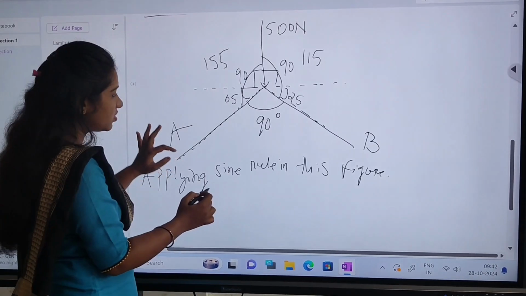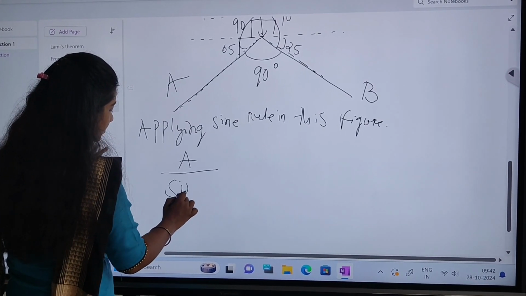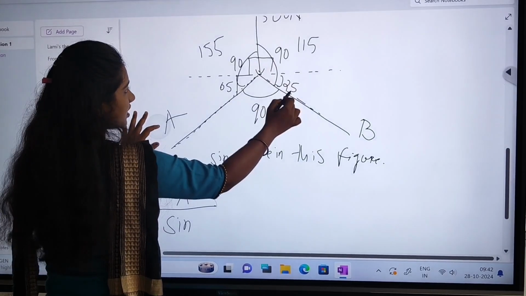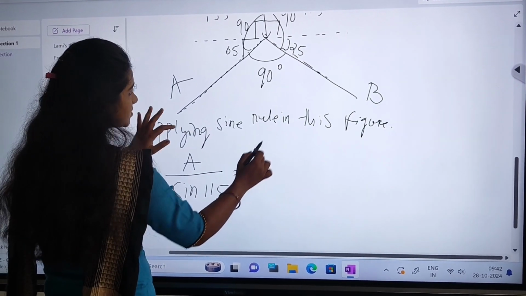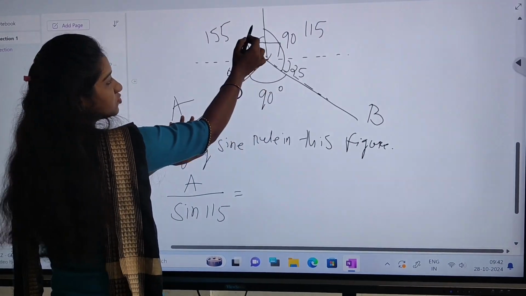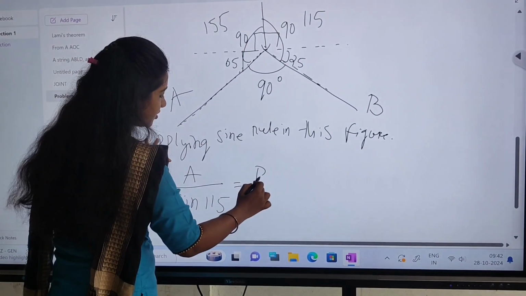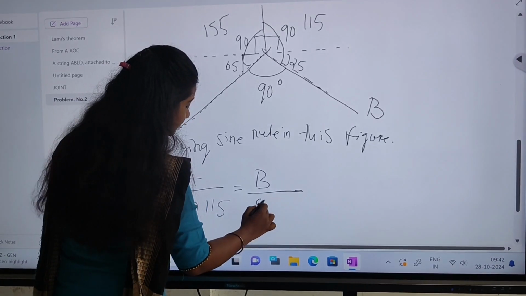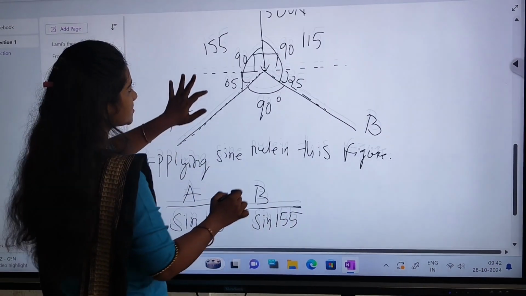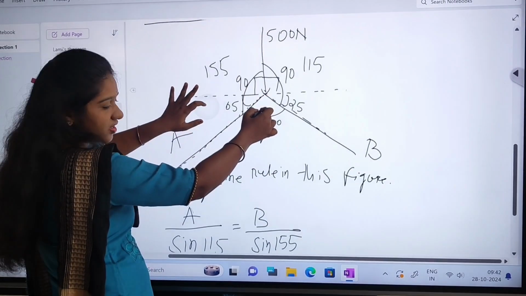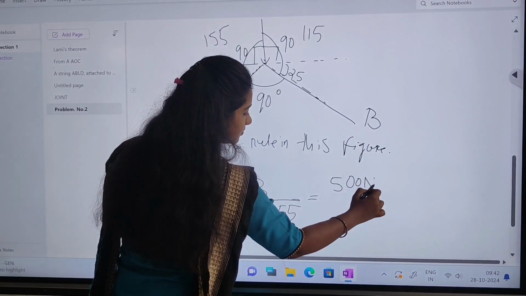So we write down here A divided by sine, this angle is 115. So we write down here 115. Next, B side is proportional to this angle. This angle is 155. So we write down here B divided by sine 155. Next, this resultant value we have already given. So we write down here 500 Newton.